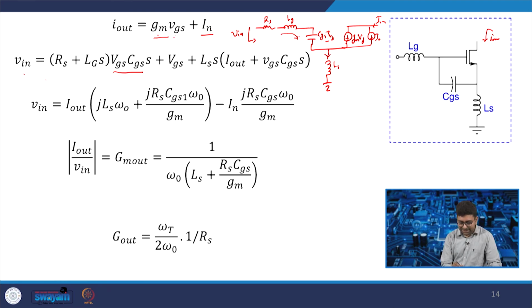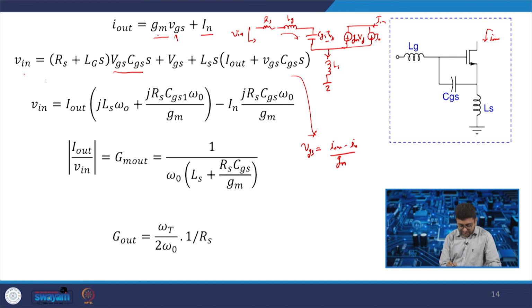So, we can write it down as Vgs. In this equation, this Vgs, we can get as (I out minus In) by Gm. So, the same thing we can mention.